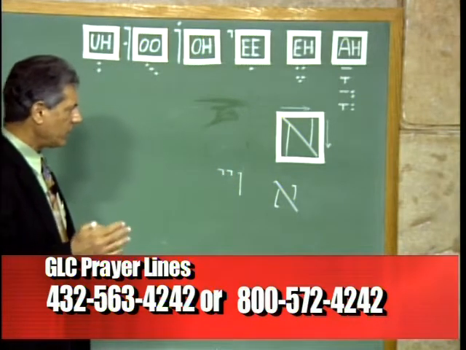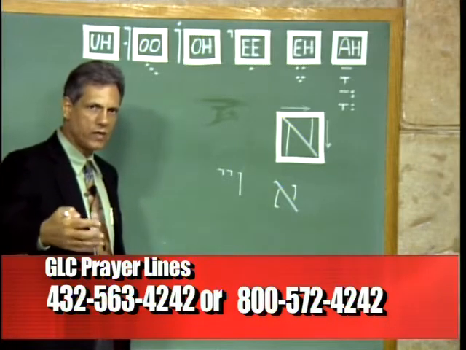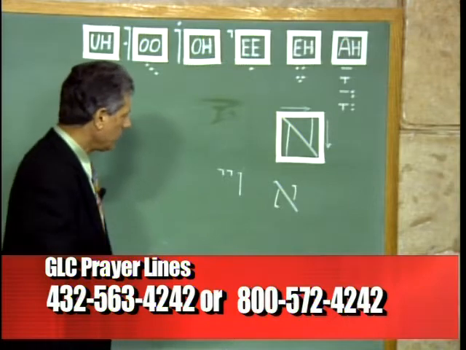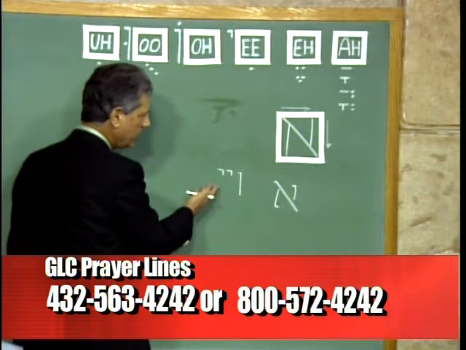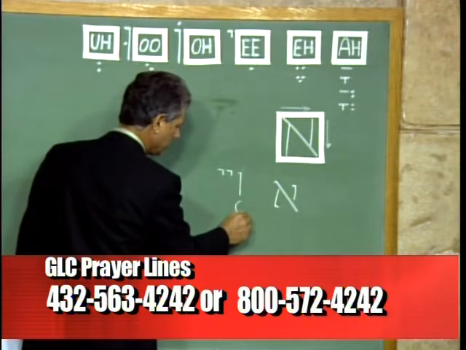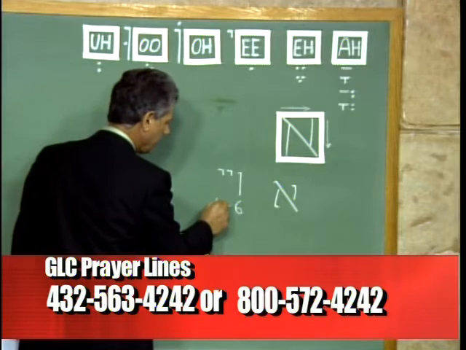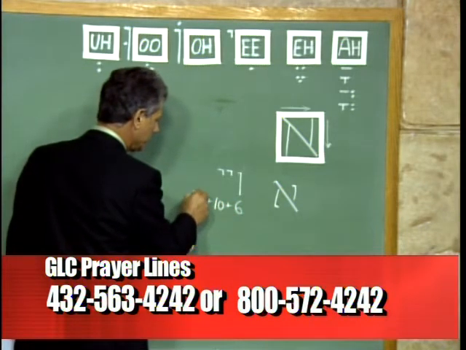Now, each one of the Hebrew letters also represents a numerical value. The numerical values of these letters: the Vav is 6, the Yud is 10, and here is another Yud, which is another 10.